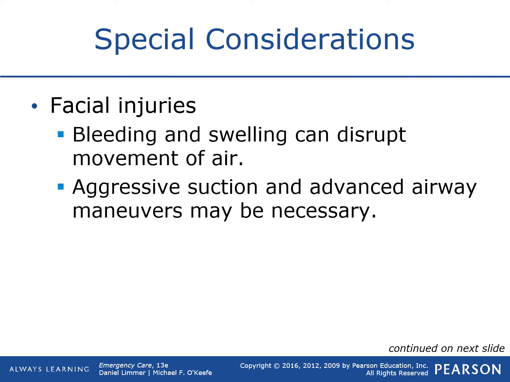Make sure you're aggressive with suctioning, and if you have anything with facial injuries or anything affecting the airway with injuries, it's probably a good idea to get an ALS intercept coming to you, because ALS does have a lot more advanced techniques that can bypass a lot of the issues that we might encounter.